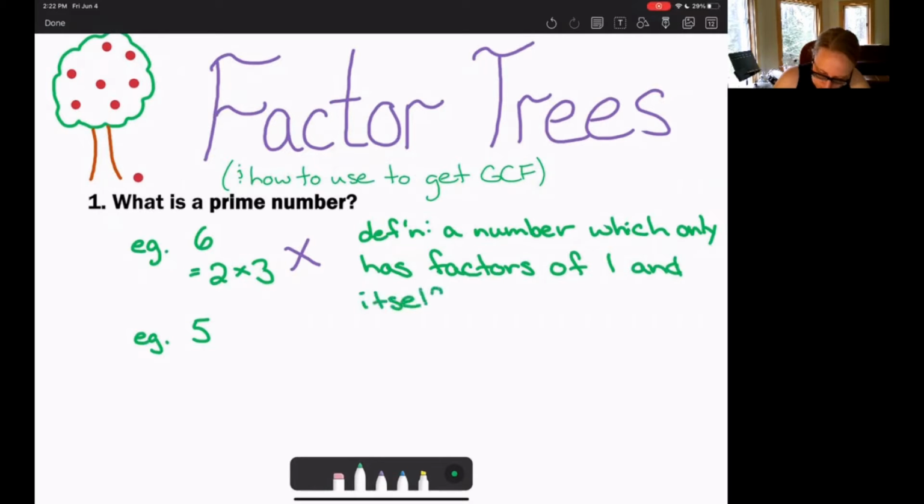Or another way to say that is, you could say a number which is only divisible by 1 and itself.